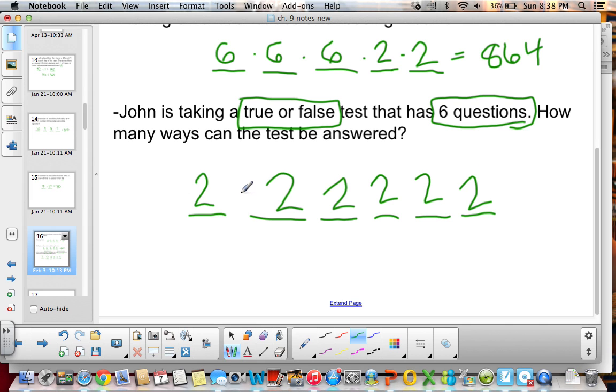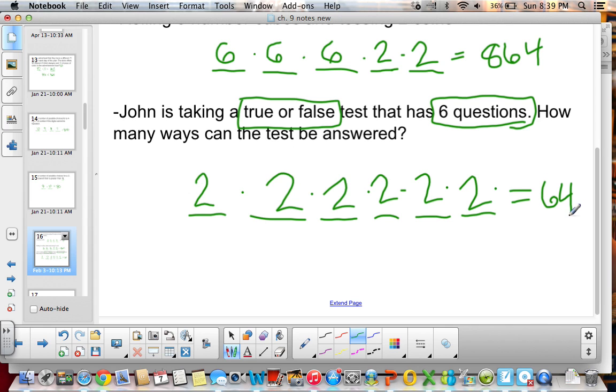So it would be 2 times 2 times 2 times 2 times 2 times 2, which equals 64.